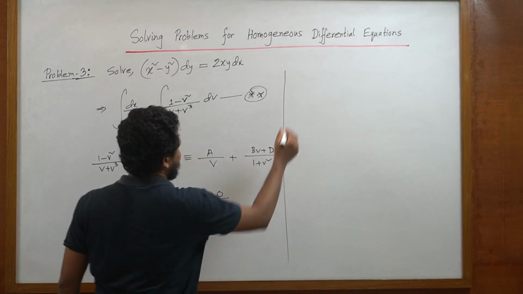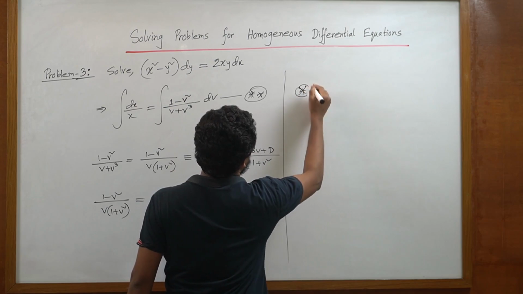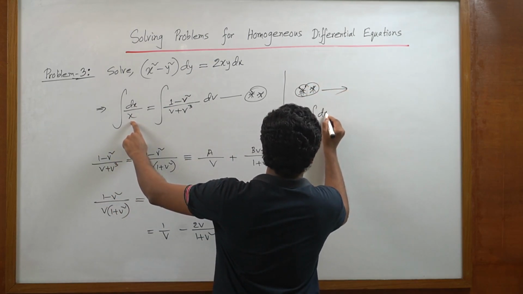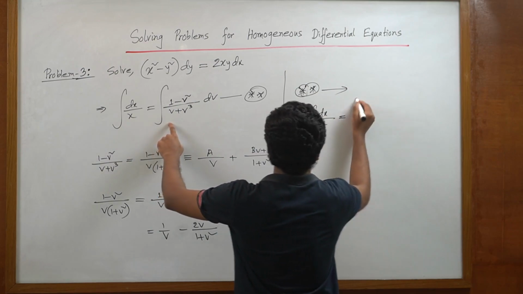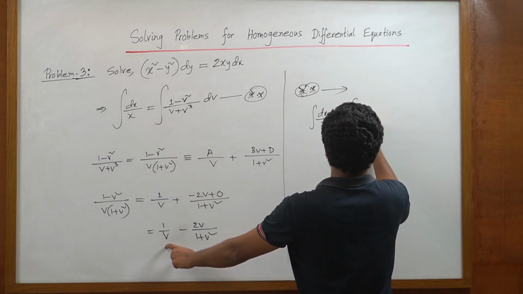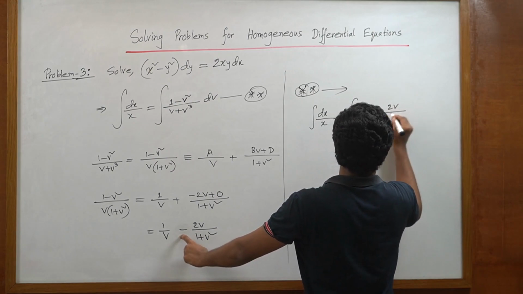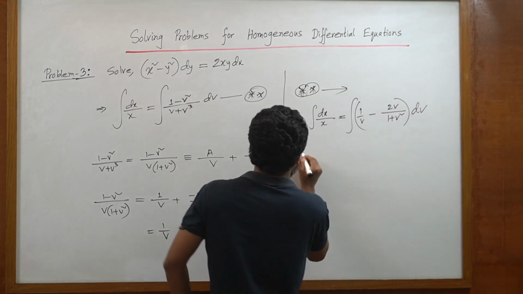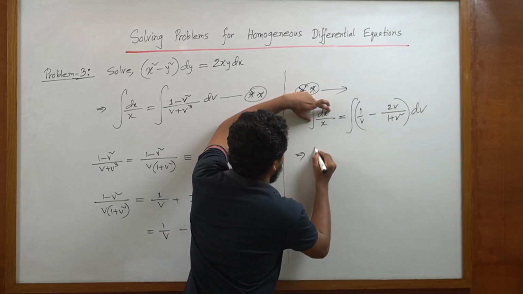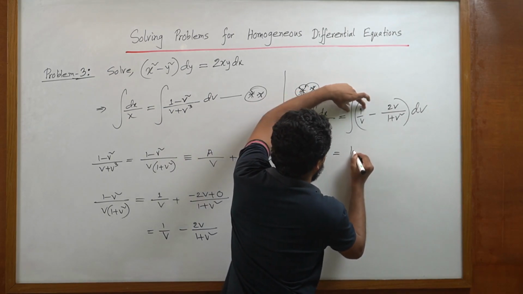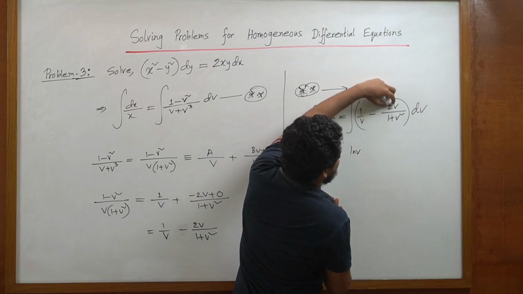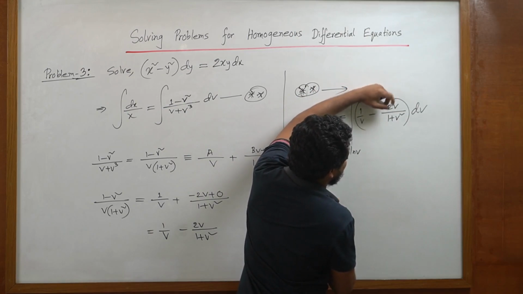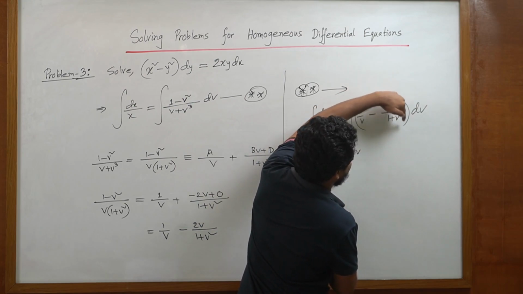Now the double star equation becomes integration dx by x equals integration of (1 by v minus 2v by 1 plus v square) with respect to v. This part we will get ln x equals ln v, and this part, 2v is the direct derivative of this denominator.